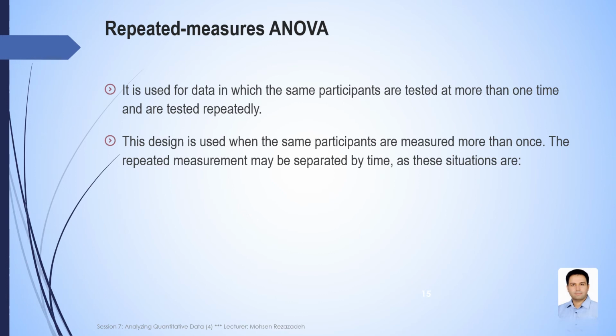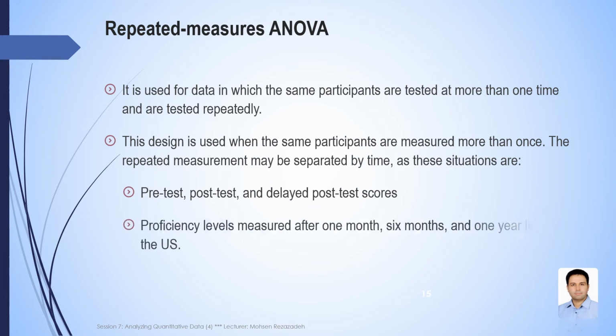The repeated measurement may be separated by time, as for example in these situations: pre-test, post-test, and a delayed post-test; proficiency levels measured after 1 month, 6 months, and 1 year living in the US. These are examples.